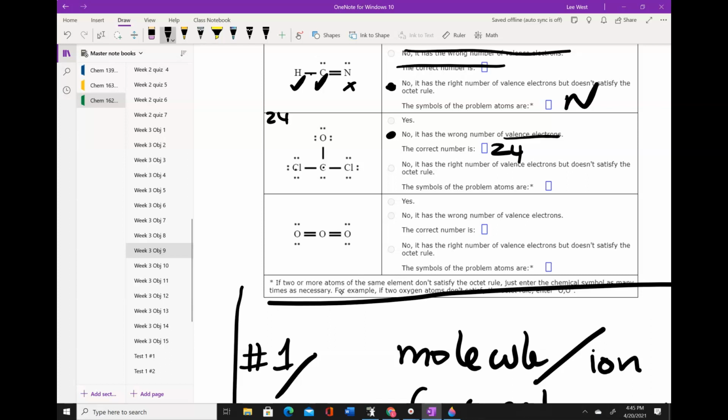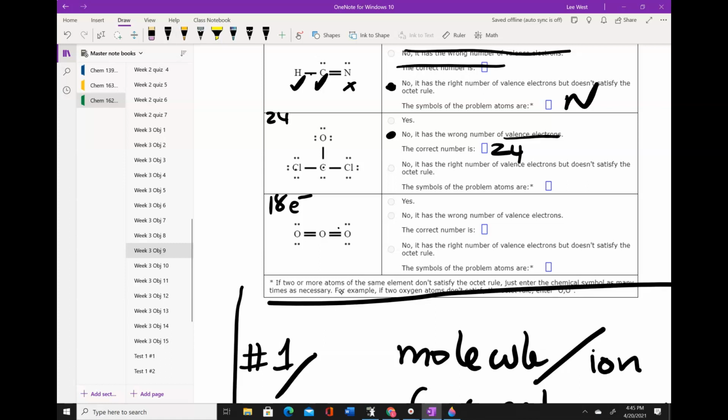3 oxygen atoms. So we got 6 plus 6 plus 6. So it should have 18 electrons in total. Let's see how many it has. 2, 4, 6, 8, 10, 12, 14, 16. Ooh, really? Let's do that again, just in case. 2, 4, 6, 8, 10, 12, 14, 16.